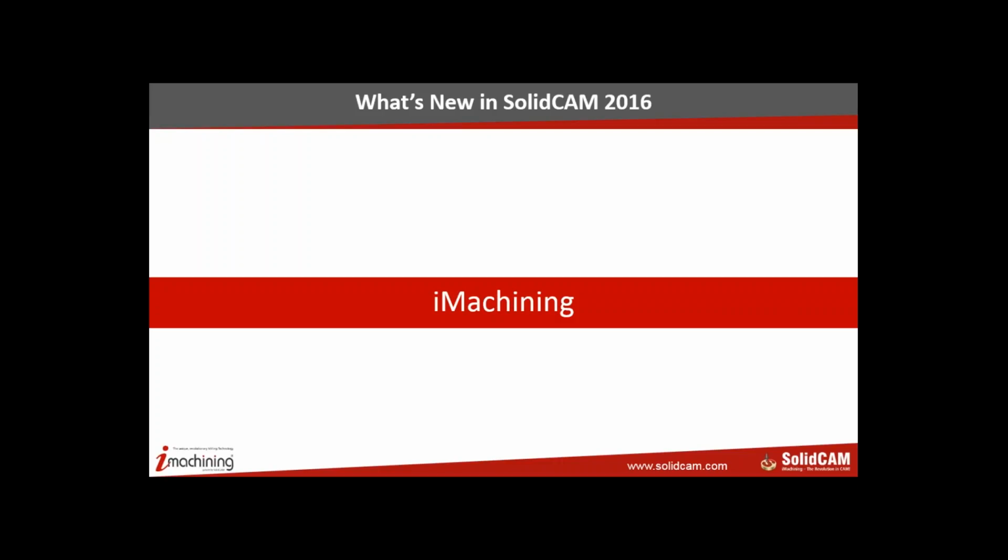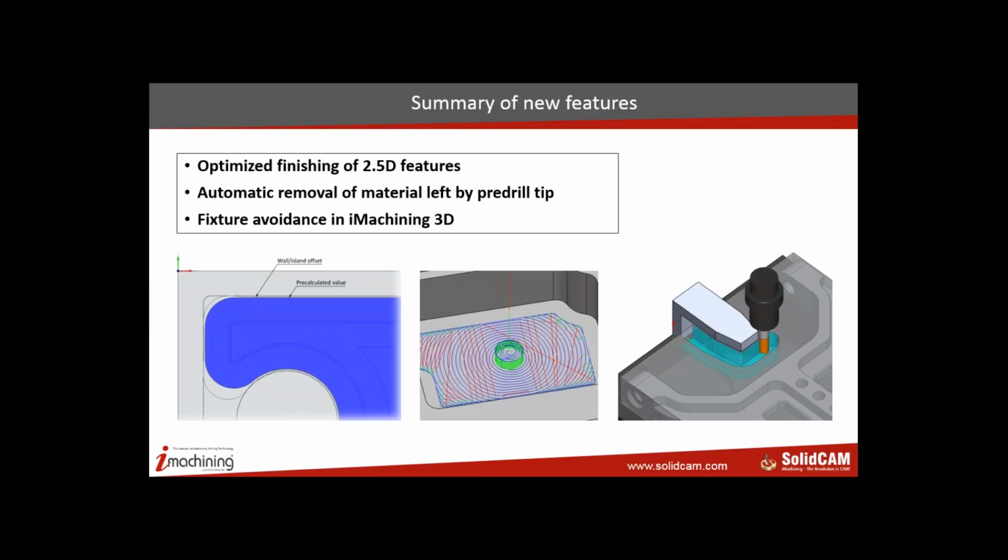But for those of you who are familiar with iMachining, you'll want to know what's changed in here. One of the main things that's changed here is automatic removal of material left by a pre-drill tip, optimized finishing of 2.5D features, so it will hold off a wall and a floor for finishing either of the other, and so it's got an intelligent avoidance of the previous cuts.